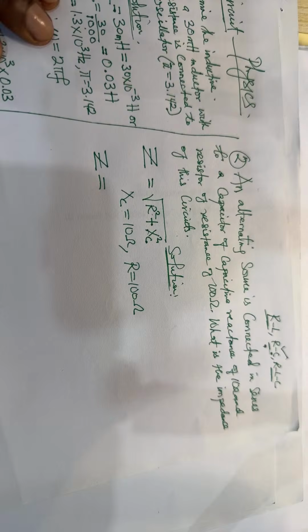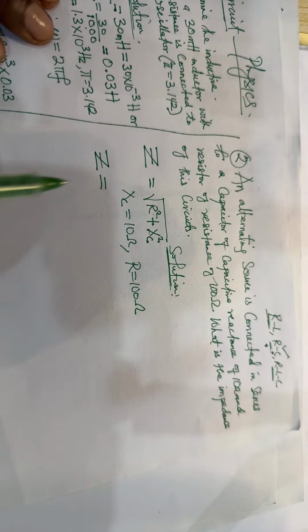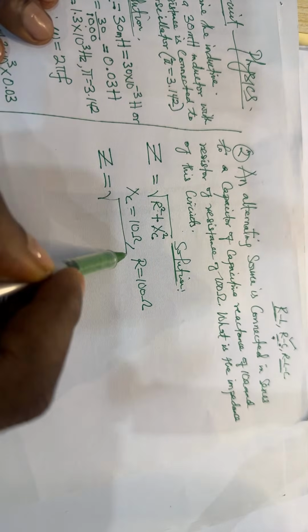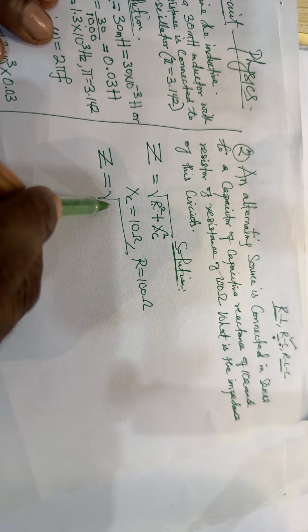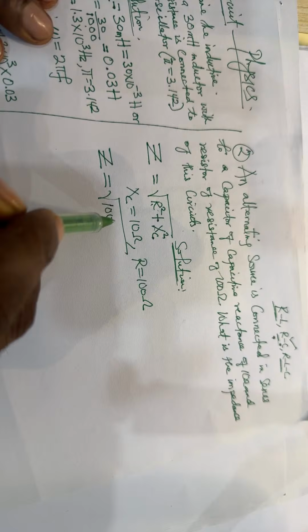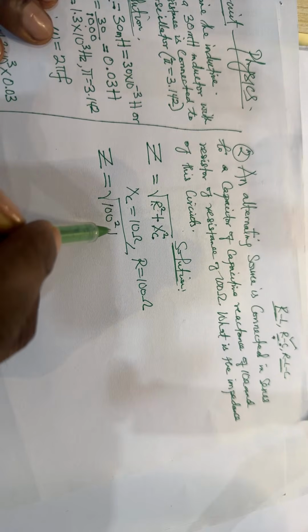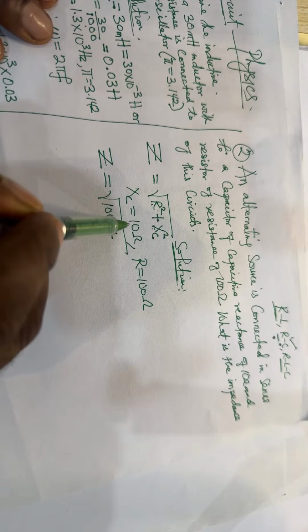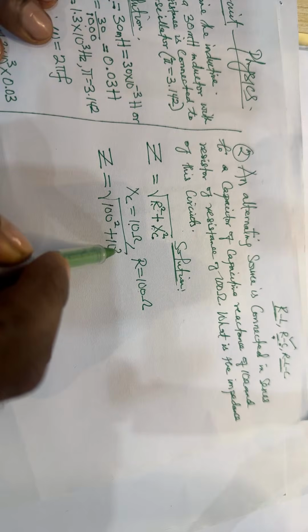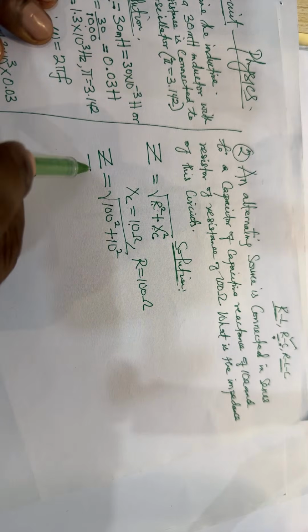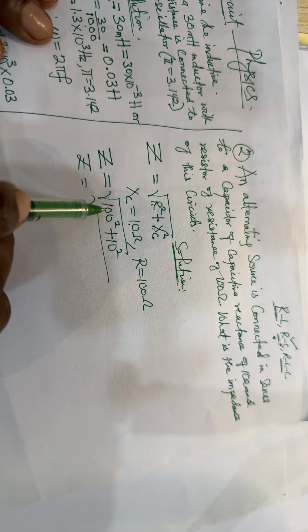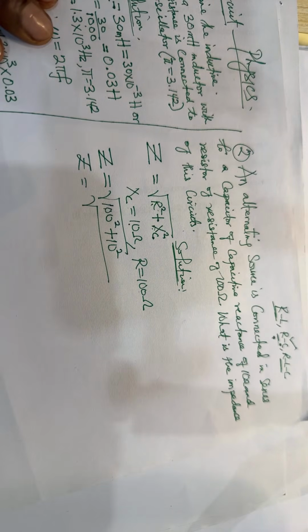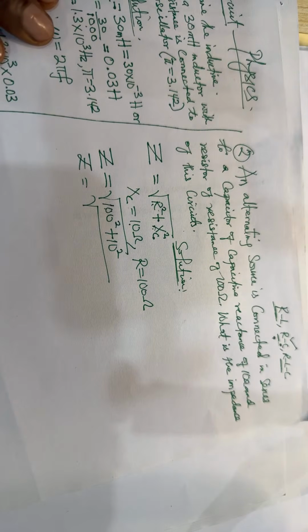Anyways, the square root of R is 100, so we'll have 100 squared plus X sub L is 10, so I'll have 10 squared. So Z now will be equal to the square root of that sum. What is 100 squared? 100 times 100 is what?